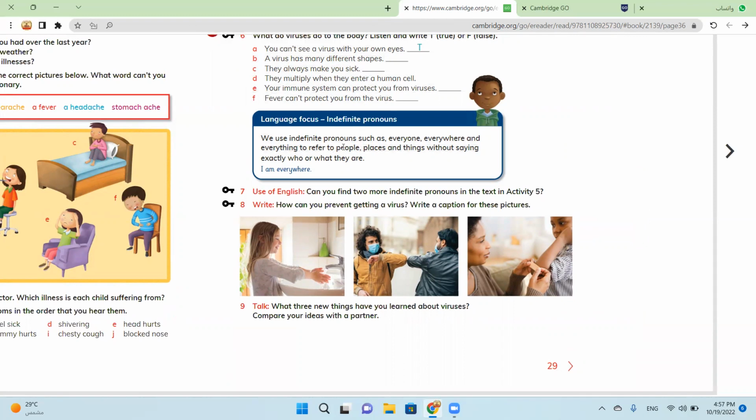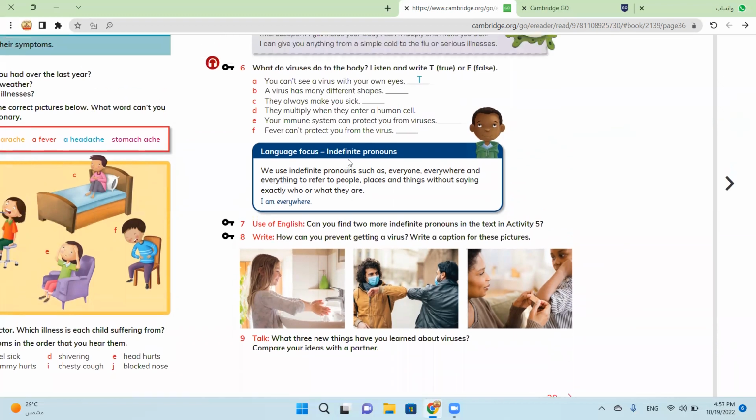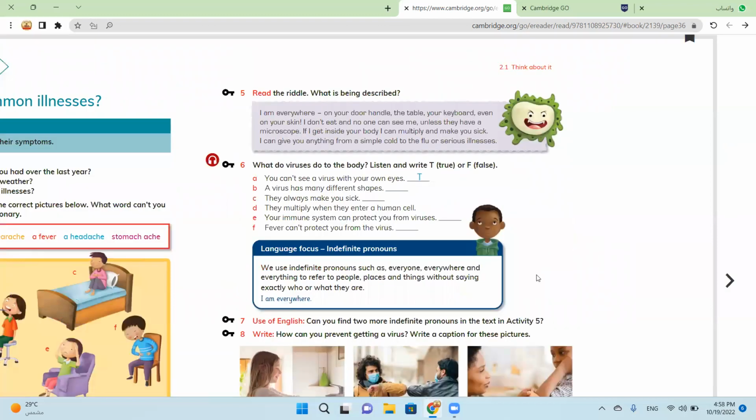So if we want to refer to people, places, and things without saying exactly who or what they are, we will use indefinite pronouns. So they are pronouns. Everyone, everywhere, everything.